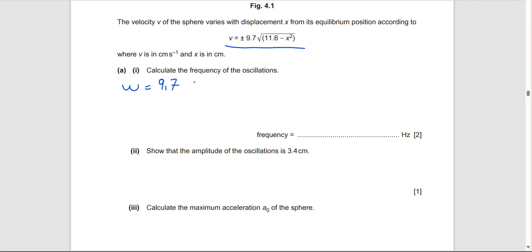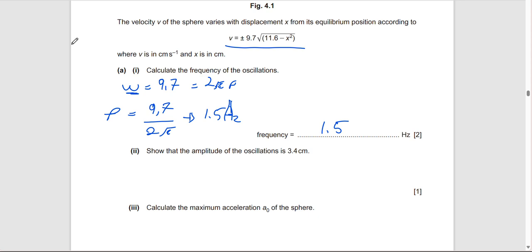Right. And then we know that that is equal to 2 pi f, from the formula for angular frequency. Then we get f is equal to 9.7 divided by 2 pi. Right. And to the correct significant figures, it's going to be 1.5. That's right. That's our answer. Simple.